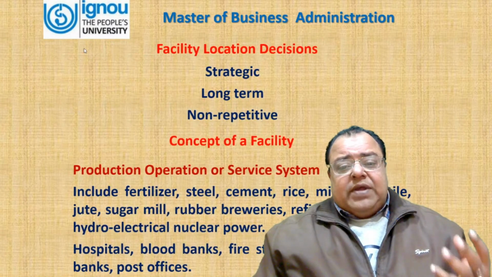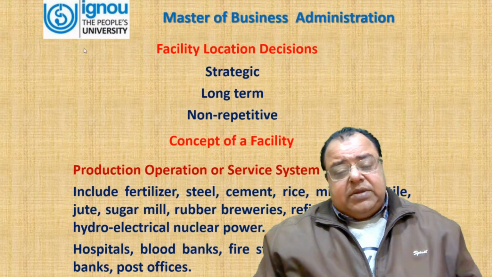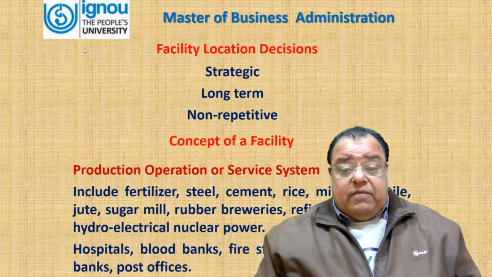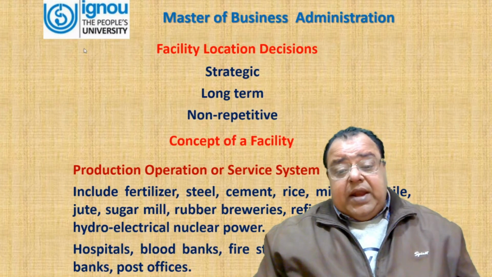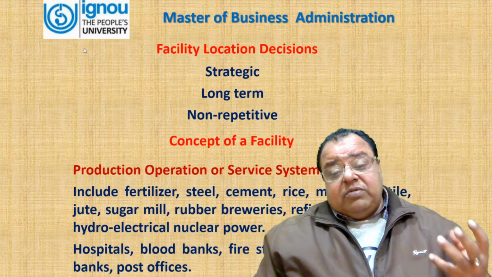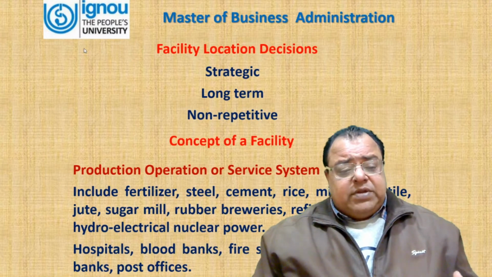As far as facility location decision is concerned, it is strategic in nature, maybe for the long term, and it's non-repetitive. And we have to look at the concept of a facility: production operation or service system.